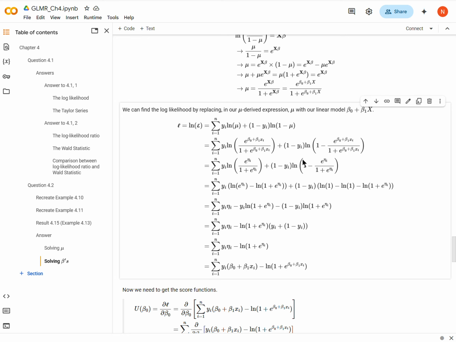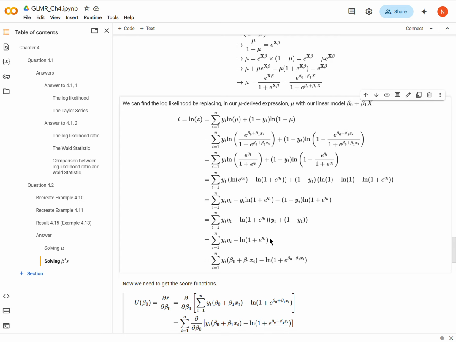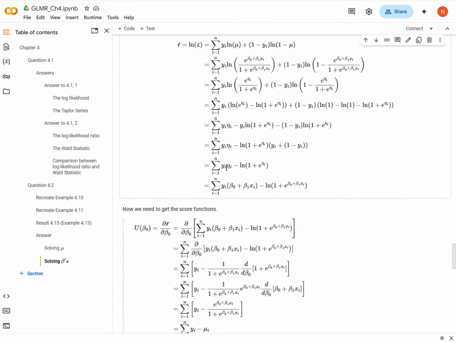We run through all of this derivation, and eventually we get to here. I won't go through the steps; hopefully you can do that for yourself and tell me if I've made an error. Now we just take the eta symbol and plug back in our linear model, and then this becomes our log likelihood.